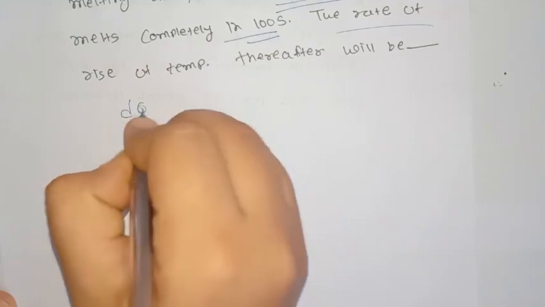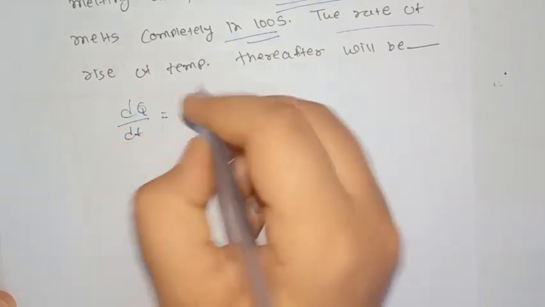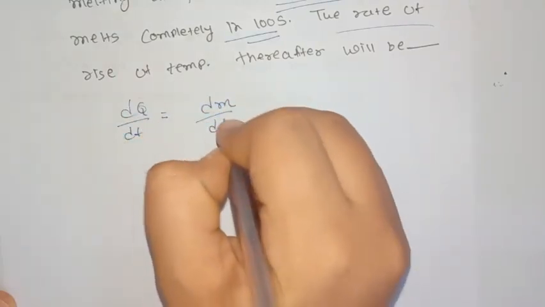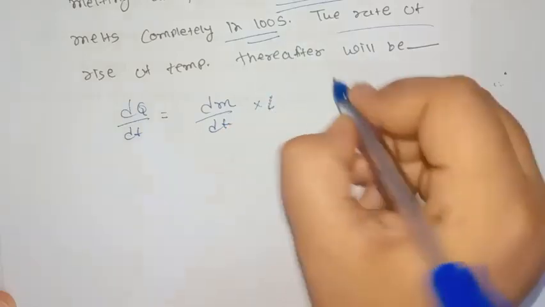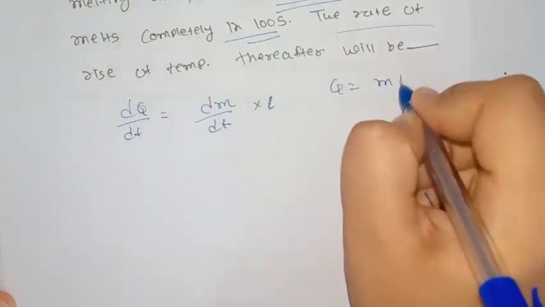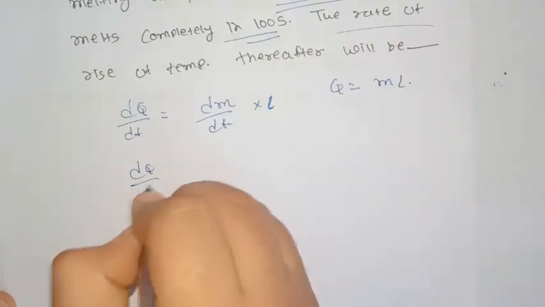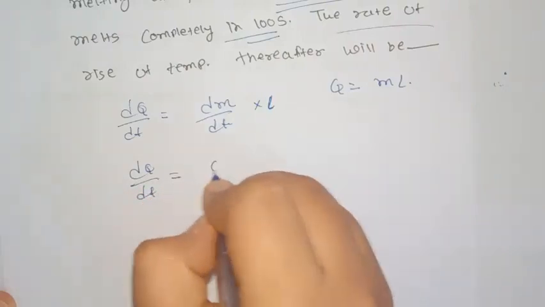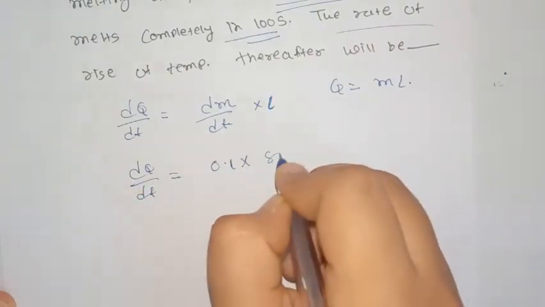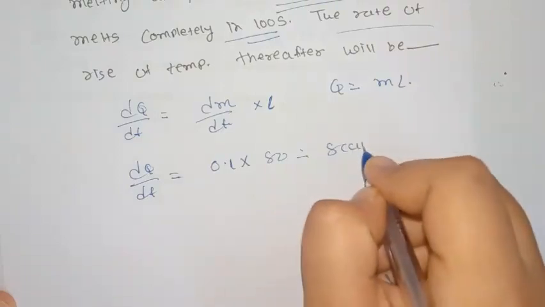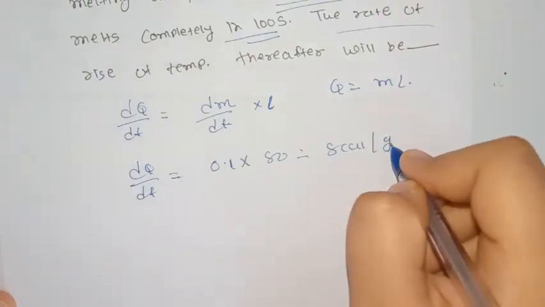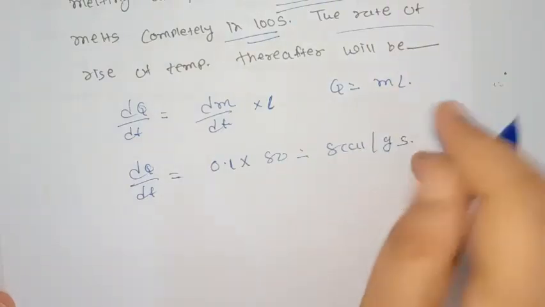Here dq by dt is equal to dm by dt into L, because q is equal to m into L. So dq by dt is equal to 0.1 into 80, that is 8 calorie per second.